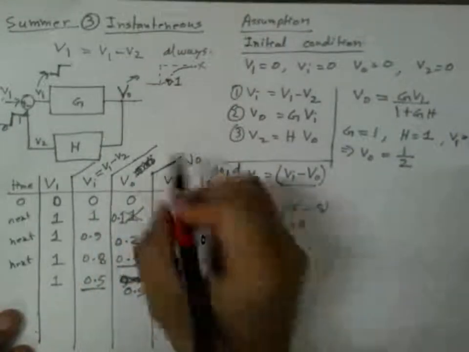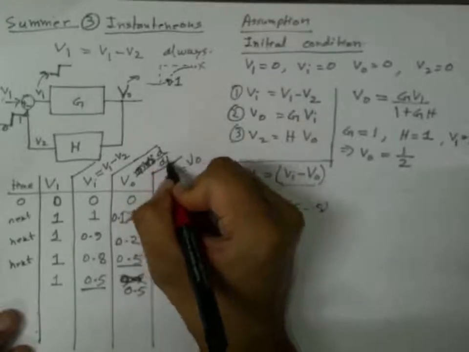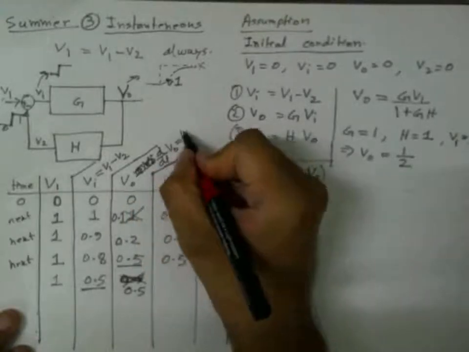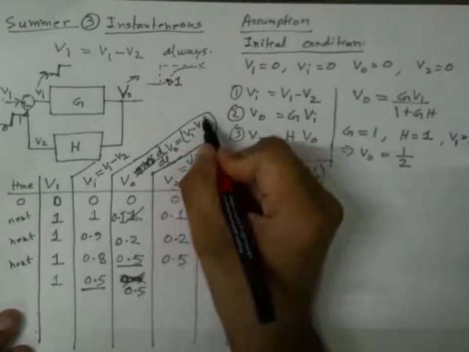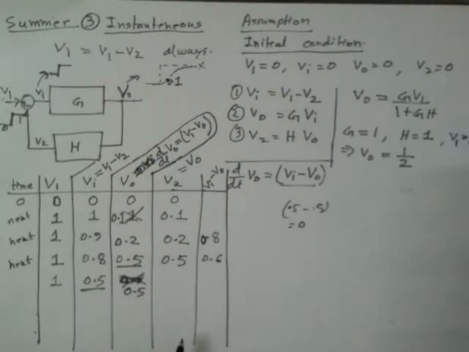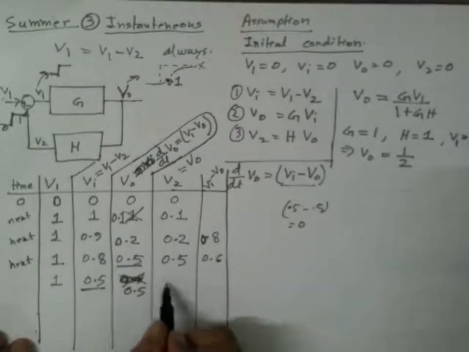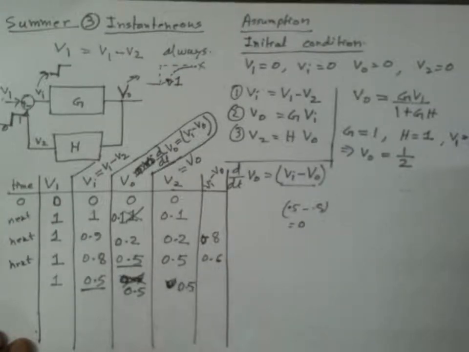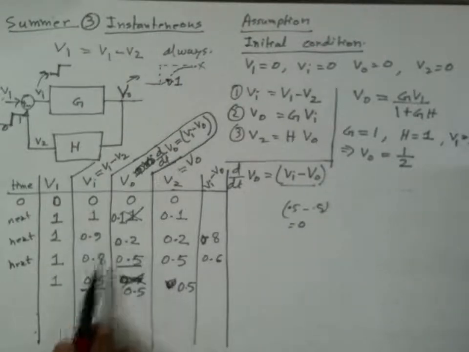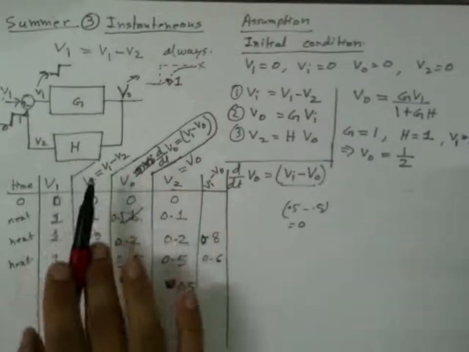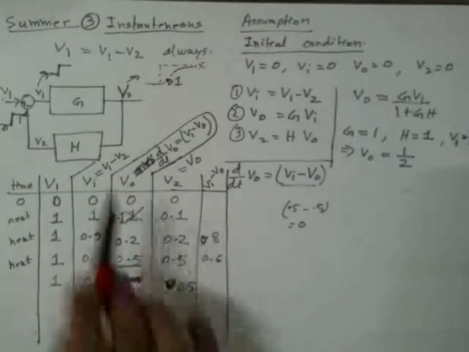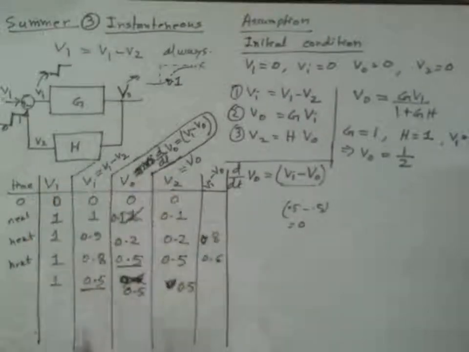I should use this equation here, d/dt of VO is Vi minus VO. So this also stays at 0.5, and if you continue this, you will see that this is the solution. This is where the circuit will stop adapting its voltages. The amplifier will stop changing its output any further.